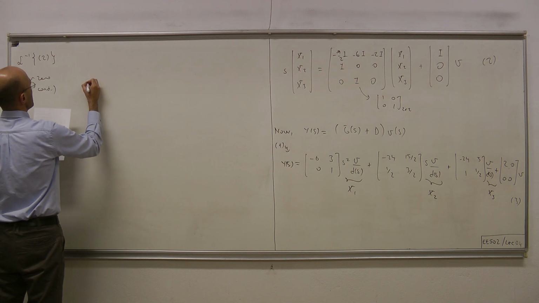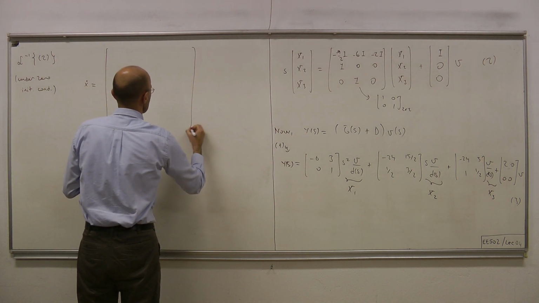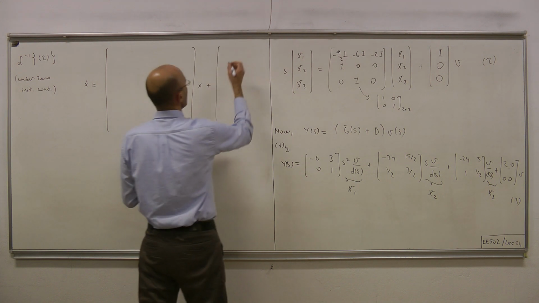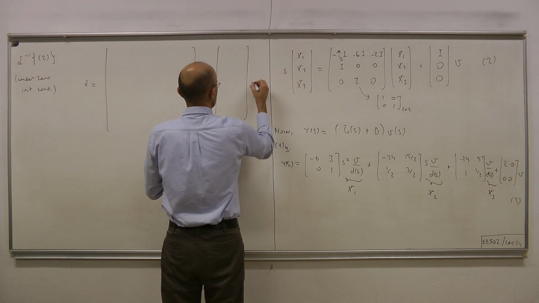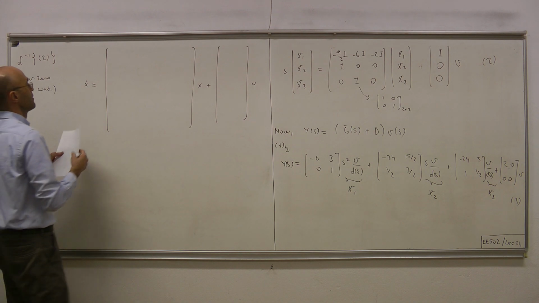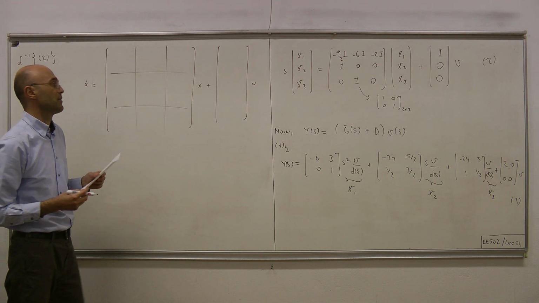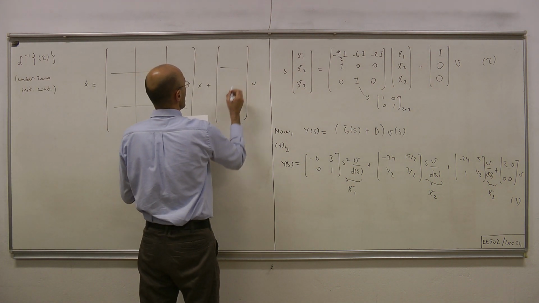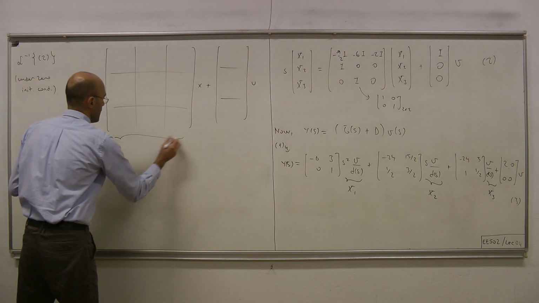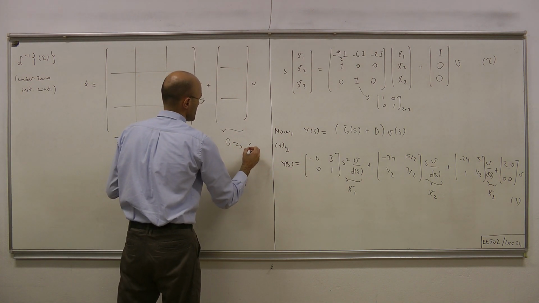So what we have is x dot equals this 6 by 6 matrix times x plus this 6 by 2 matrix times our two-dimensional input u. Okay, so we have blocks for our 6 by 6 matrix, and we have also blocks for our 6 by 2 B matrix. Okay, this is our A matrix, its size is 6 by 6. This is our B matrix, its size is 6 by 2.